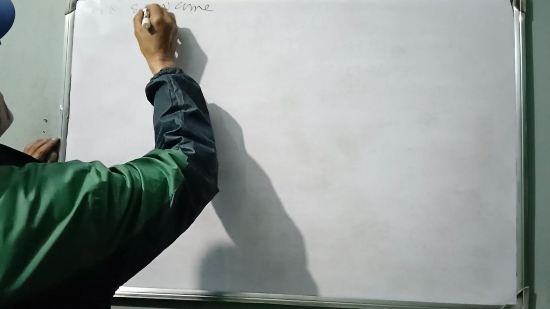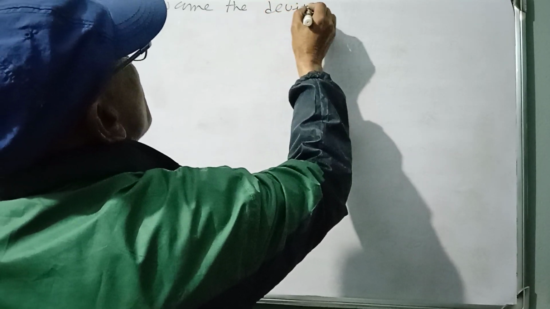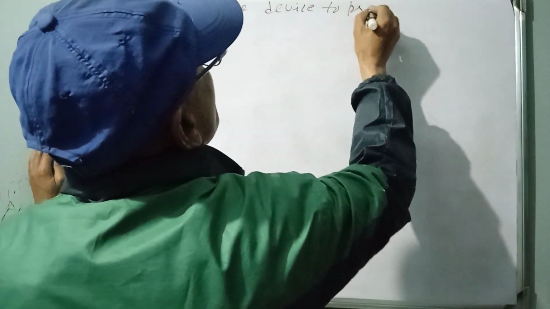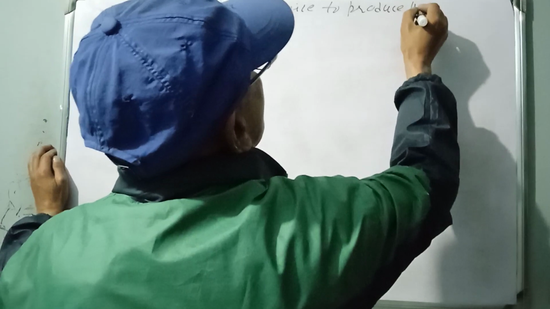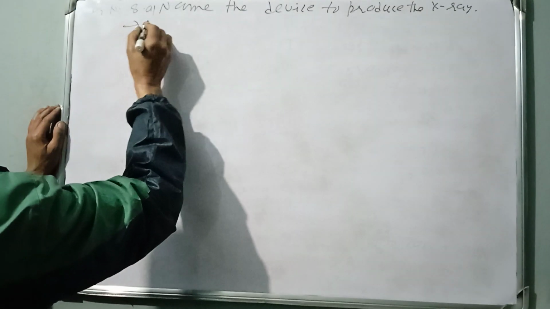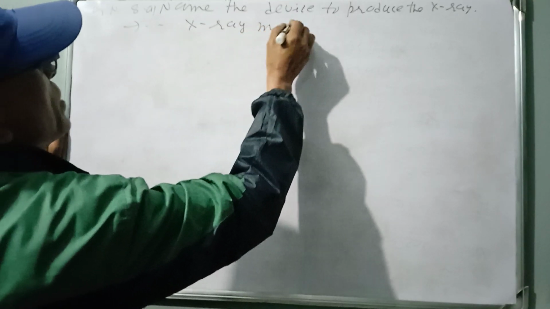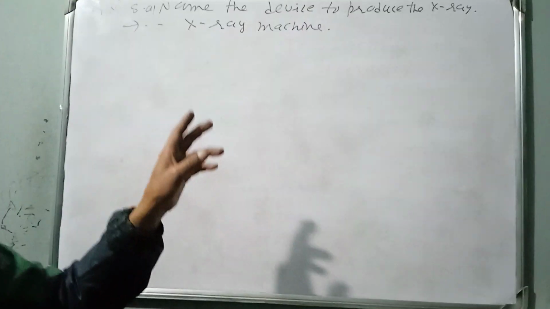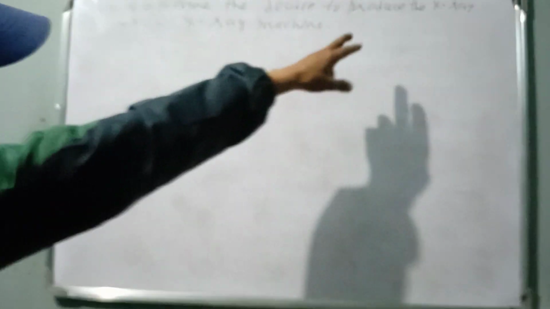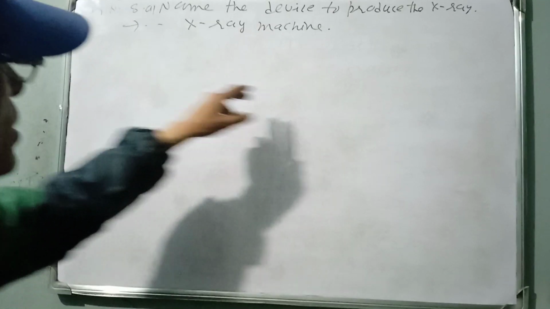Name the device to produce the X-ray. It is the X-ray machine. Here I have not written the sentence. The device used to produce X-ray is the X-ray machine.